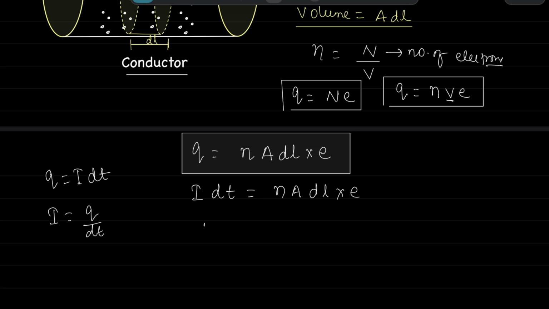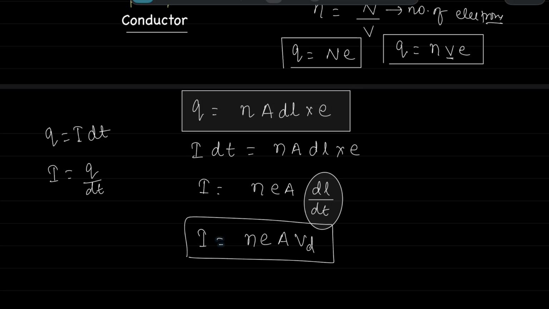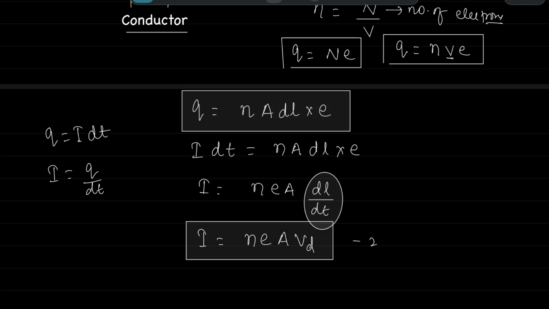Same thing, we can write I is equal to n into e into A dl by dt. Now this dl by dt is the drift velocity. So here we can write I is equal to neA Vd. This is our second proof.